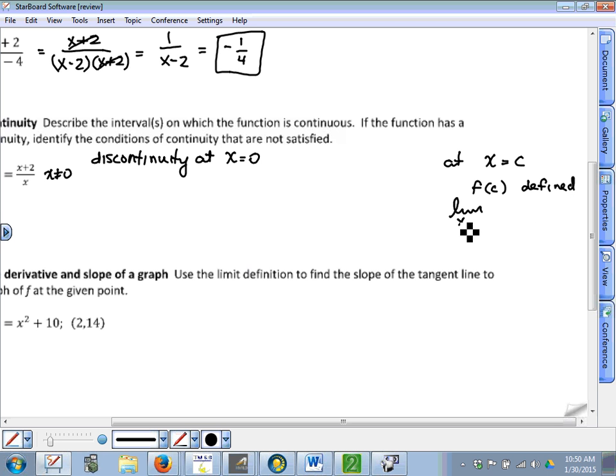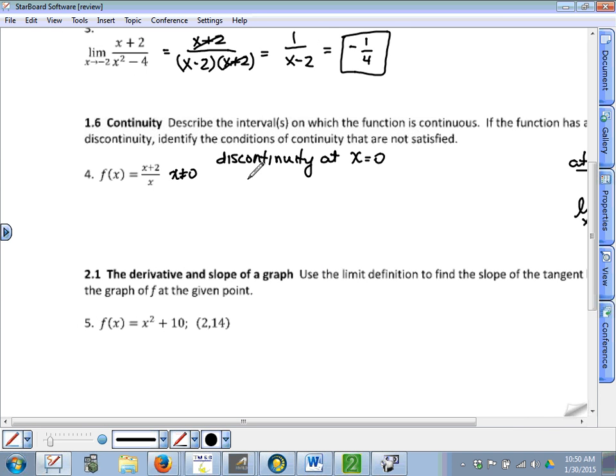The limit as x approaches c has to exist, and the limit has to equal f of c. These are the 3 conditions for continuity at a particular x value. So the ones that are not satisfied for this problem is f of 0 is not defined, and the limit as x approaches 0 of f of x doesn't exist.